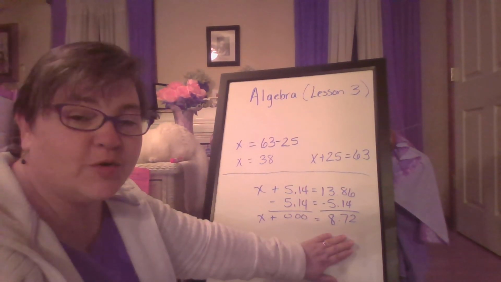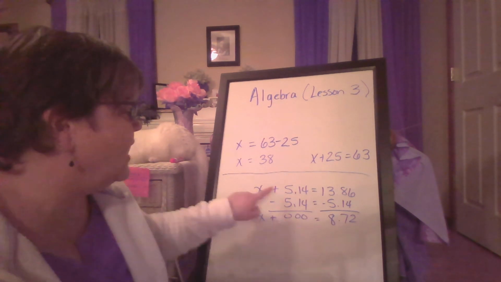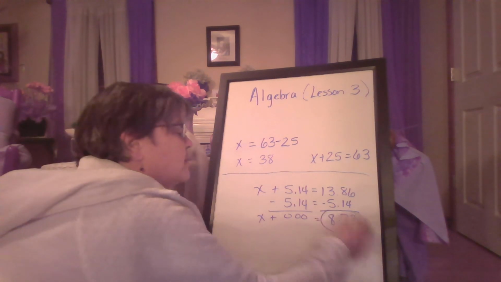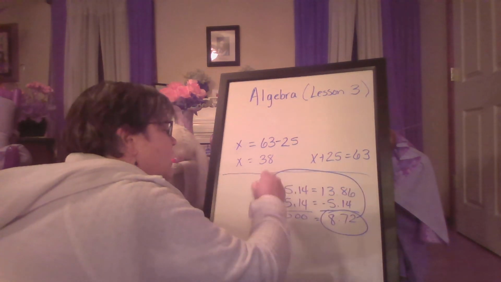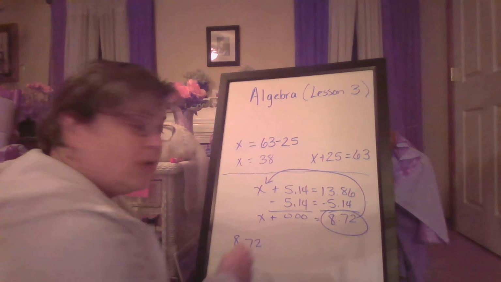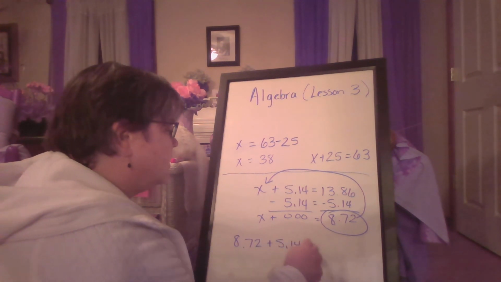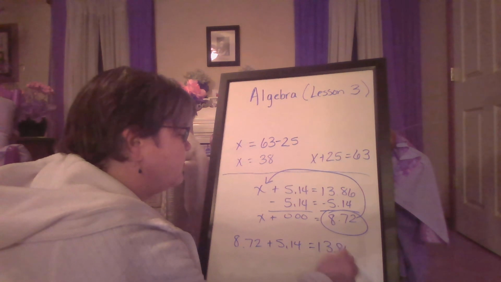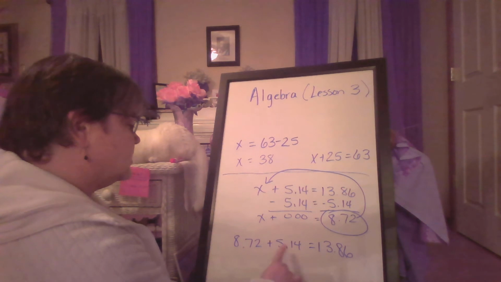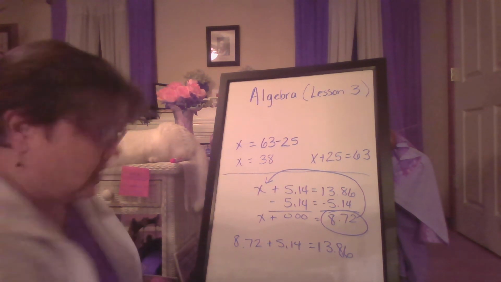If you want to know you're right, you can always put your answer in for X in the problem. So if I take my answer and put it back in X, 8.72 plus 5.14, and if that equals 13.86 when I add them, 4 and 2 is 6, 1 and 7 is 8, 5 and 8 is 13.